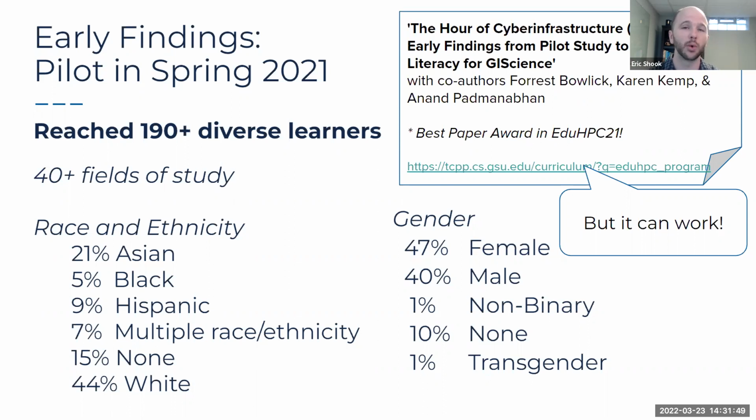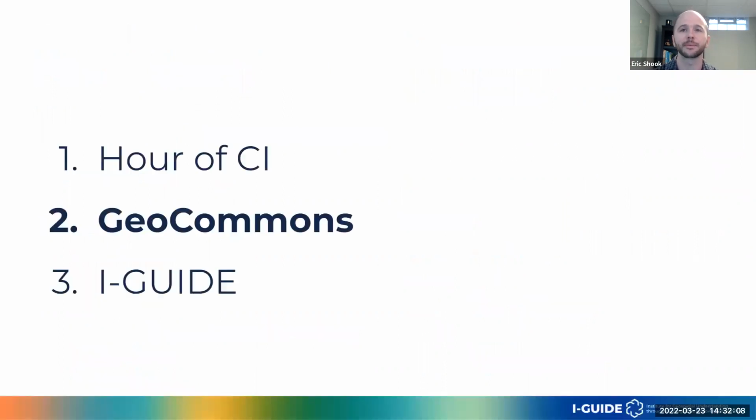Learners came from over 40 fields of study. We had a very diverse group of learners from a variety of races, ethnicities, and genders. So we were quite excited about trying to broaden the impact of the project, and we will continue to do this as we move forward.